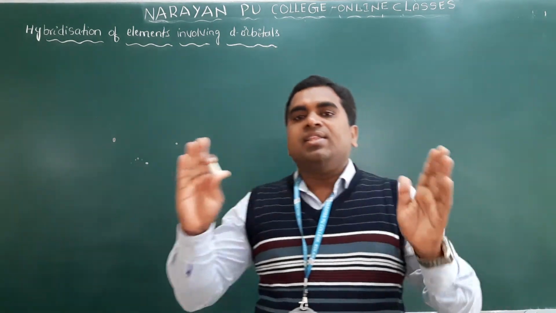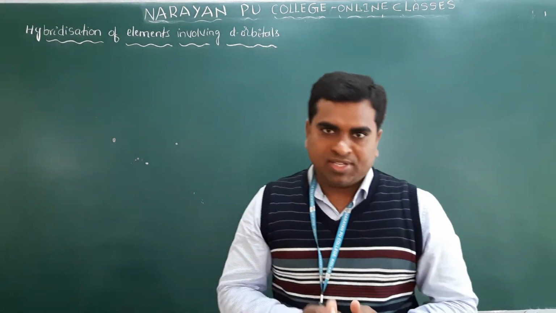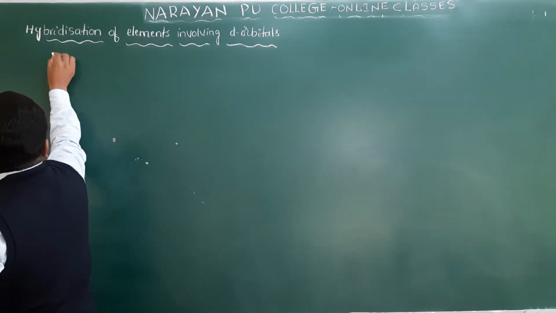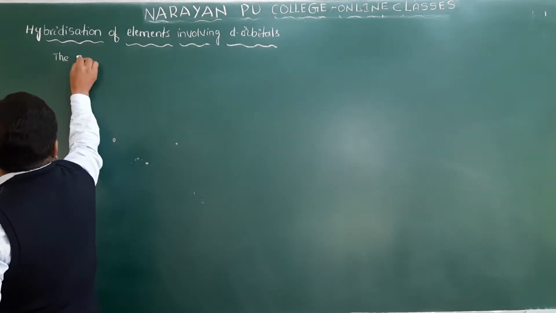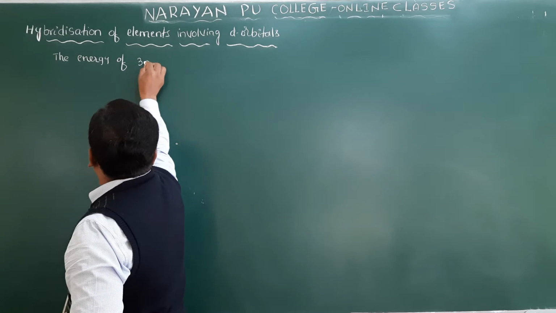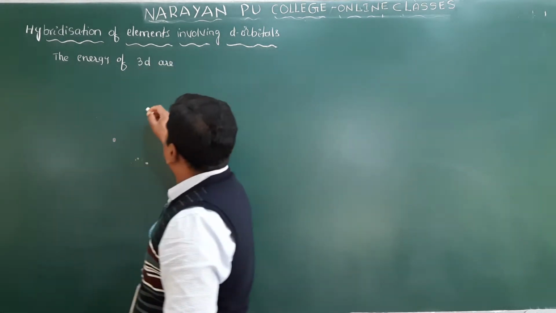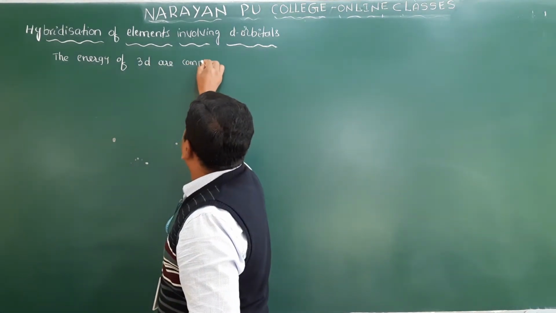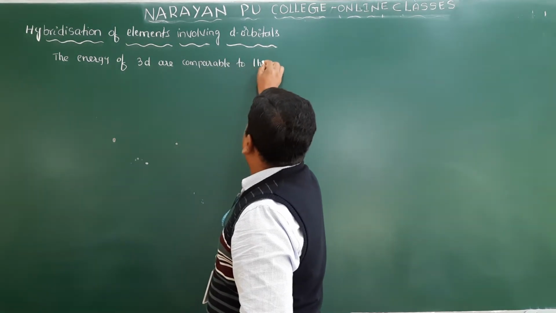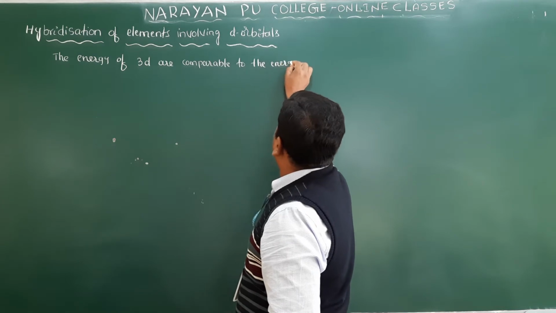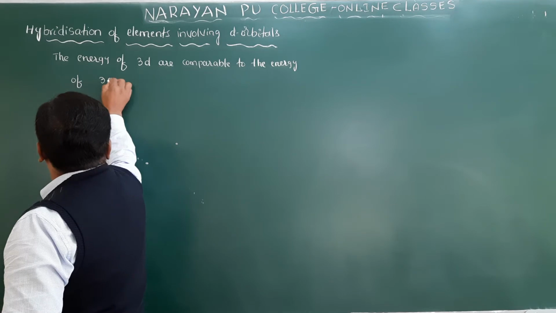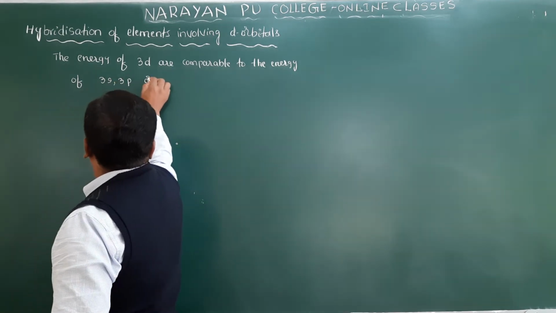So that's why these orbitals are involved in the hybridization. The energy of 3d orbitals is comparable to the energy of 3s and 3p orbitals.